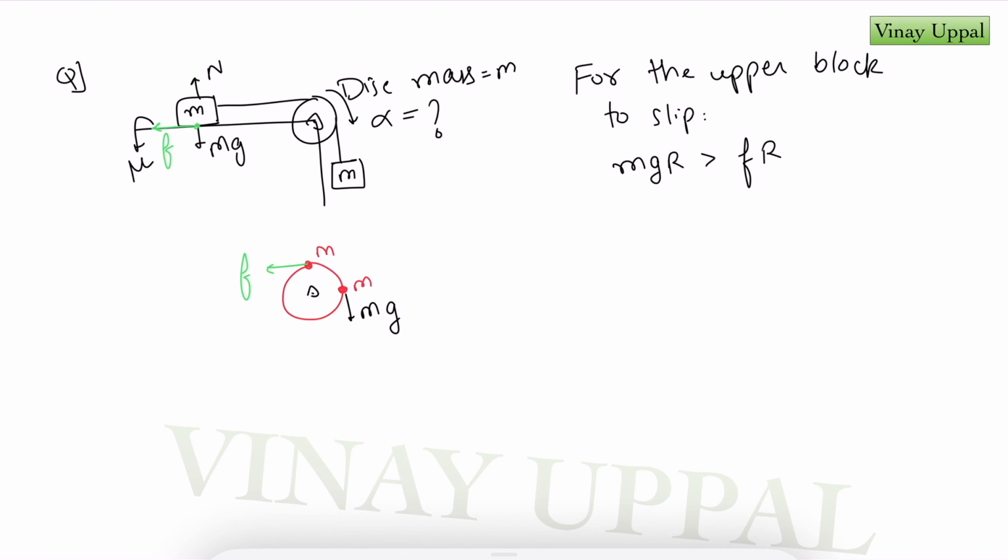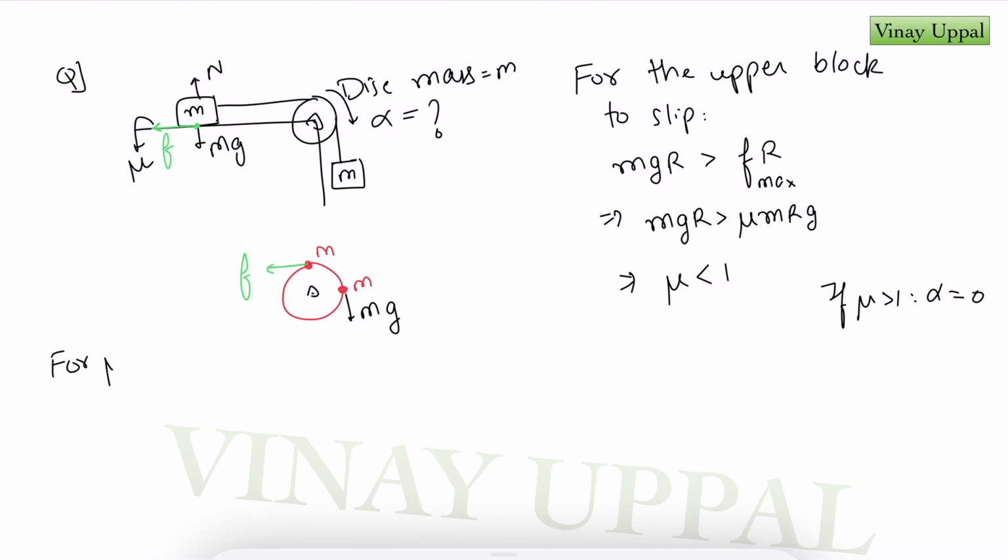And here friction will be taken as the maximum possible friction, and therefore mg should be greater than mu mg. So as long as mu is lesser than 1, this disk is going to rotate and the upper block is going to slip. So if mu is greater than 1, then alpha of the disk is going to be 0. There is no motion. And we look at the case where mu is less than 1.